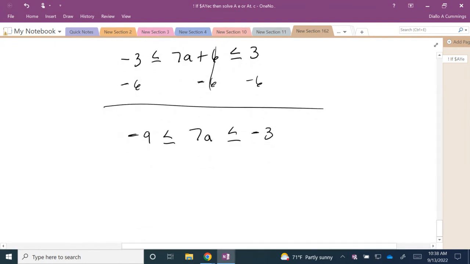I want to isolate for a, not for 7a, so I'm going to divide everything by 7, all 3 sides. So we have -9/7 is less than or equal to a is less than or equal to -3/7.